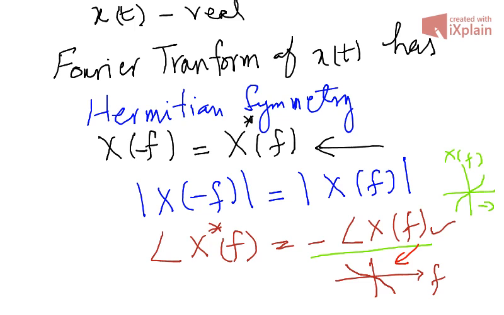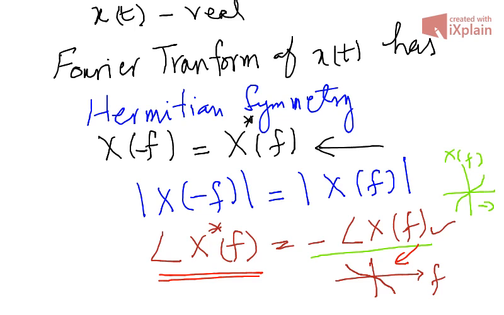So this is the phase response of x conjugate of f, which is the negative of the phase response of x of f, right? So in other words, we say that the magnitude of x of f is even.